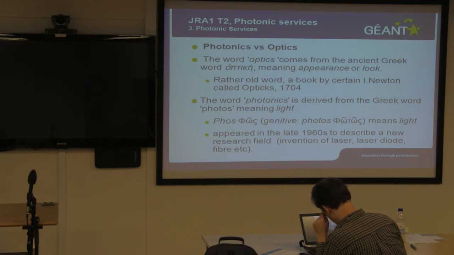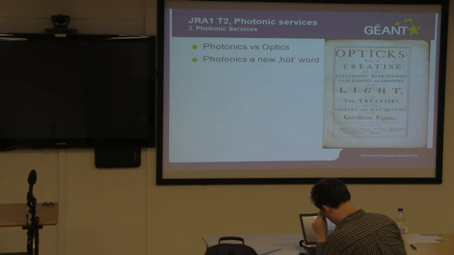Photonics is something different. It's again from the Greek word phos, genitive photos, which really means light. This word appeared in the late 60s to describe new research fields: lasers, laser diodes, fibers. This is the book from Sir Isaac Newton.